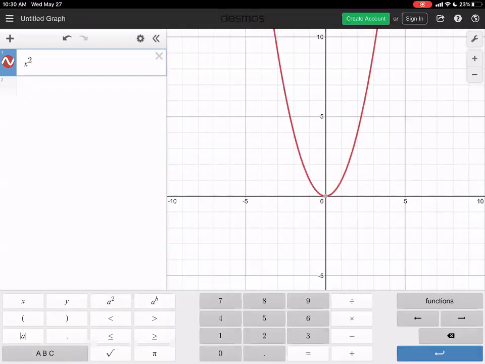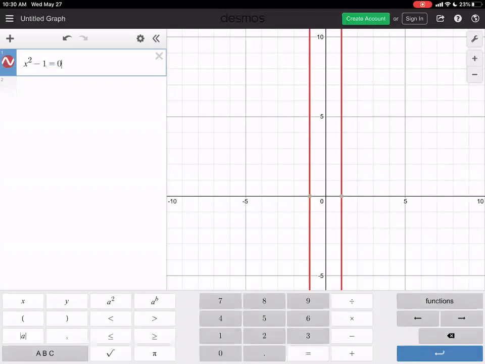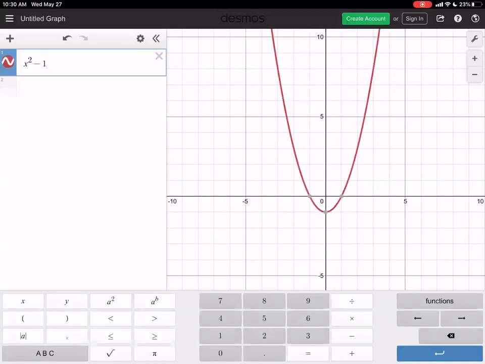So now we have x squared, and we want x squared minus 1. The example on the video had x squared minus 1 equals 0. We don't want to put equals 0 because if we do, this is what's going to happen. So let's delete that. We just want x squared minus 1.